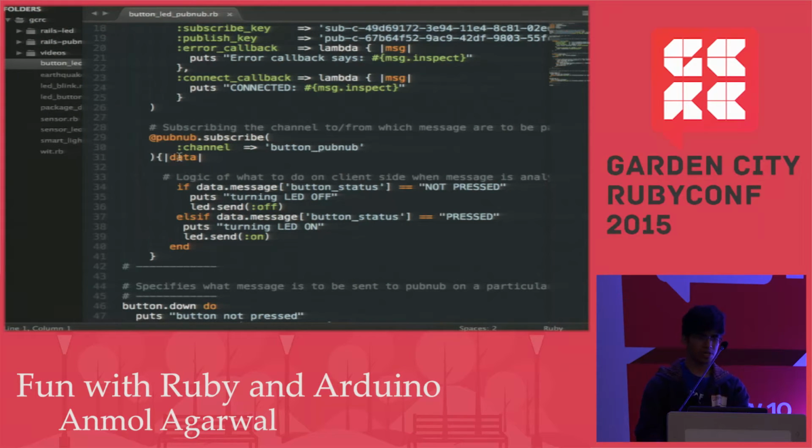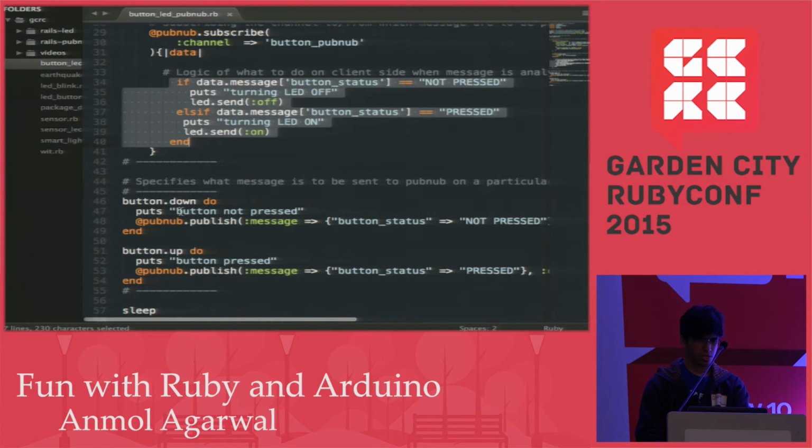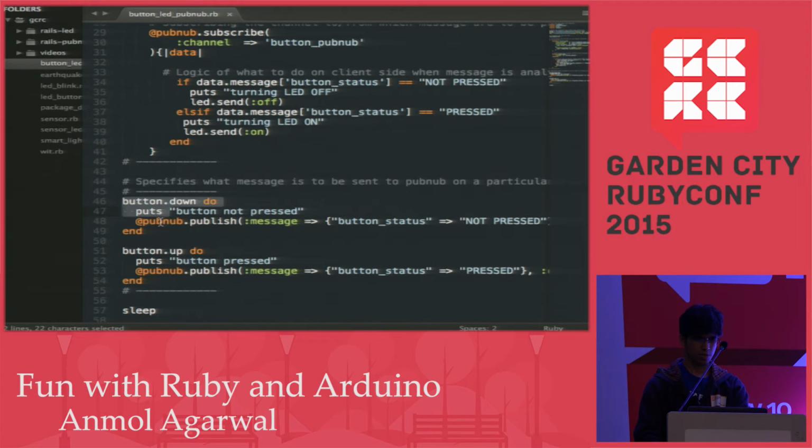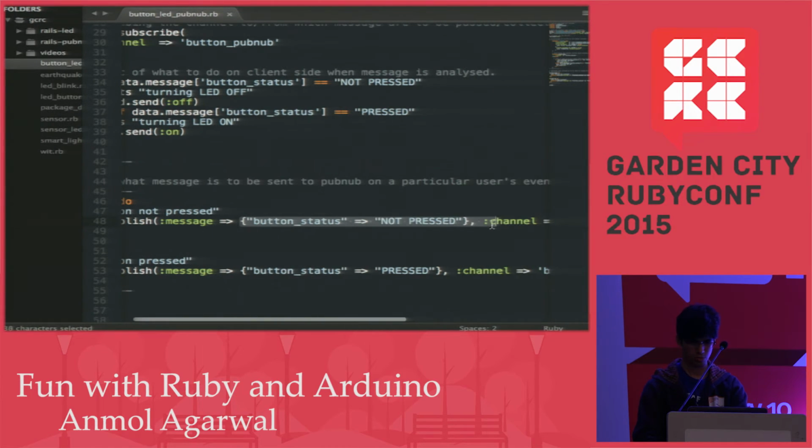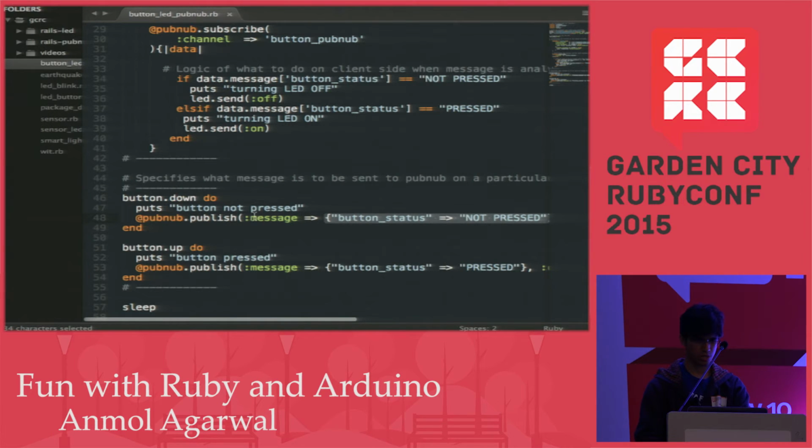Whatever data we get, I'll come back to this block of code. Same as the last program, when the button is down, we publish the message button status not pressed as a payload to the PubNub instance. Same with up, it publishes button status as pressed.